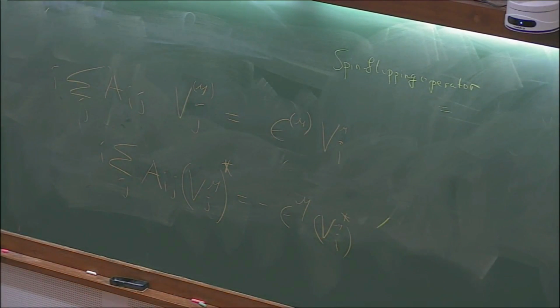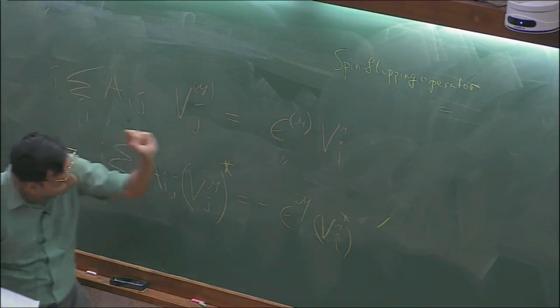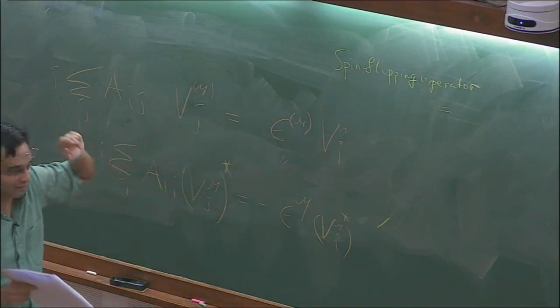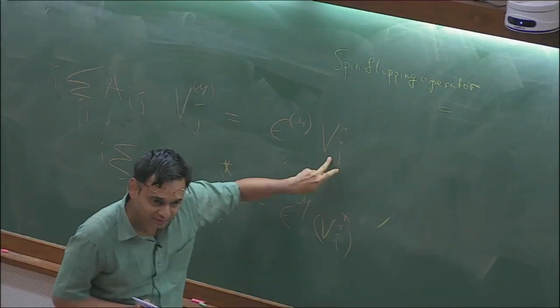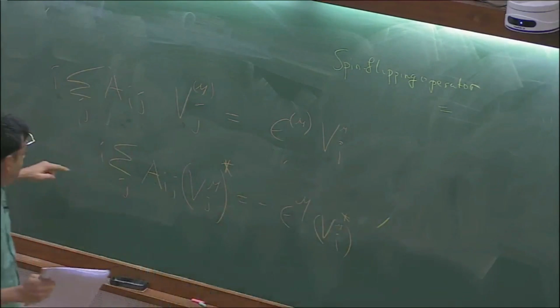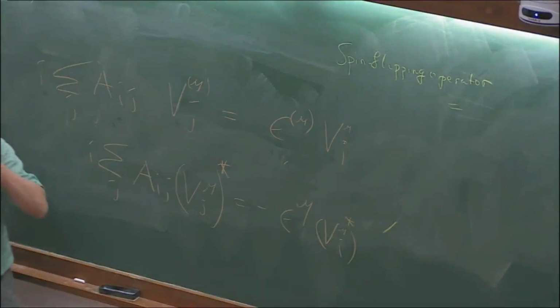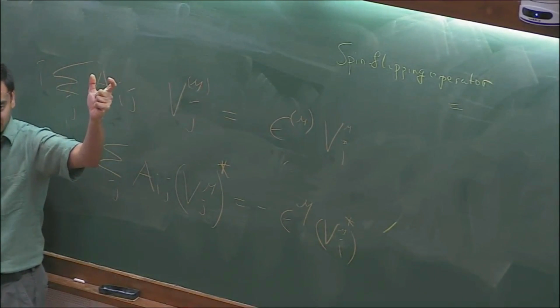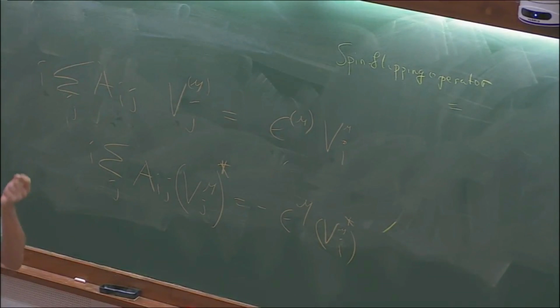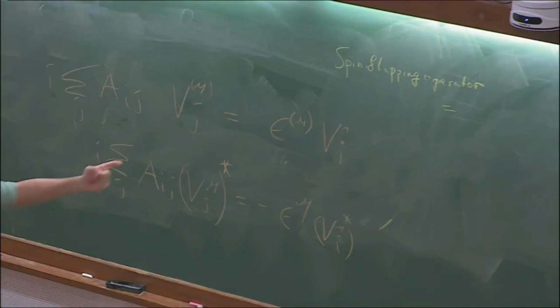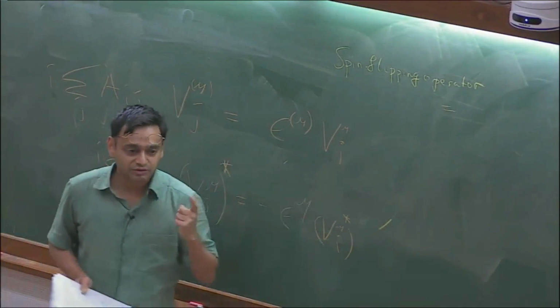A is a real antisymmetric matrix, but I've not done anything to the indices. I've just taken a complex conjugate of the whole equation. So the i went to a minus i, V went to V star. Epsilon didn't change. So you have learned that if there was an eigenvalue plus epsilon, there's an eigenvalue minus epsilon. So every positive eigenvalue has a negative partner. The eigenvectors are related by complex conjugation.